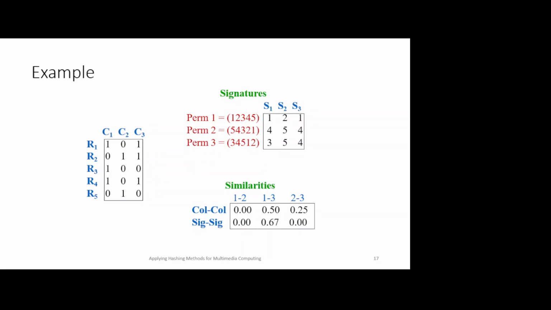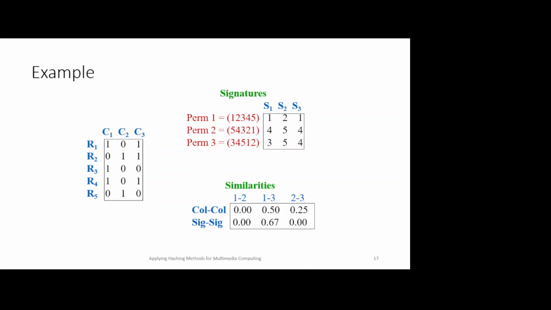Now we check the first two columns, C1 and C2. What is their Jaccard similarity? It is 0, right? Column to column, the Jaccard similarity is 0. And we also check their signature similarity.